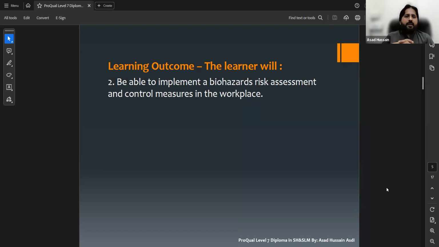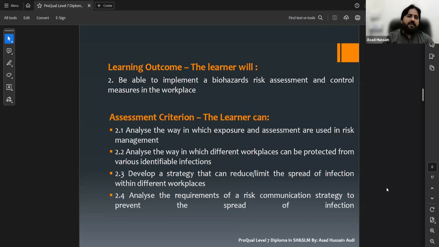After successfully completing this section of the unit, the learner will be able to implement a biohazard risk assessment and control measures in the workplace. How he can do that, or what the assessment criteria are to evaluate whether he can or cannot, we will discuss in its assessment criteria.